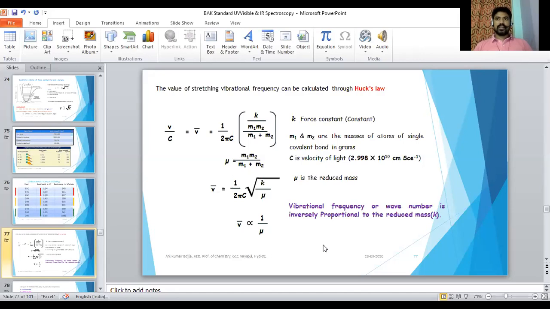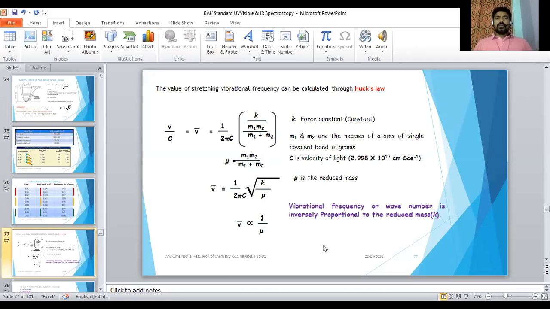That is simply the wave number: how much wave number the radiation contains to make a covalent bond participate in bending vibrations, even stretching vibrations. That is the number we express in terms of vibrational frequency.